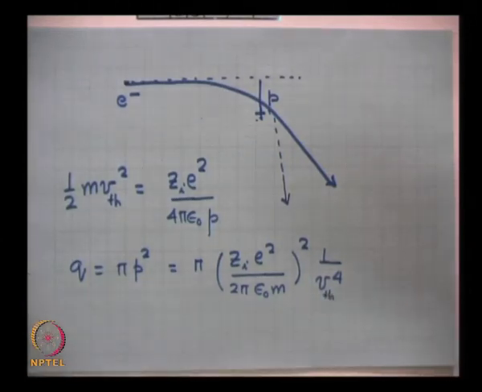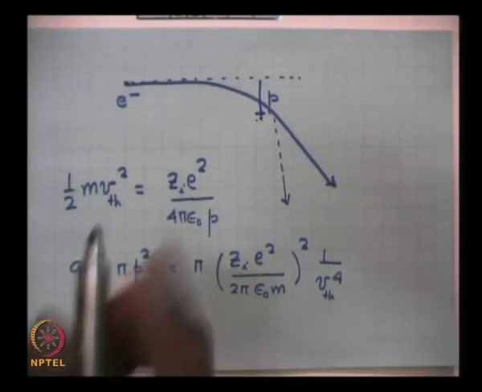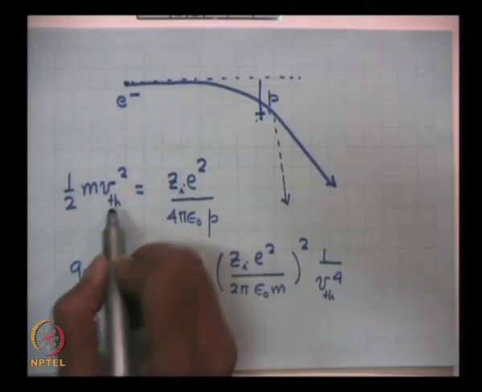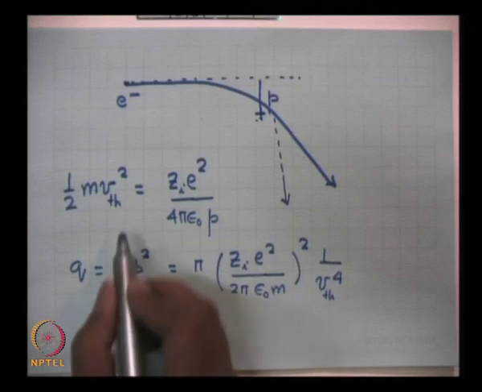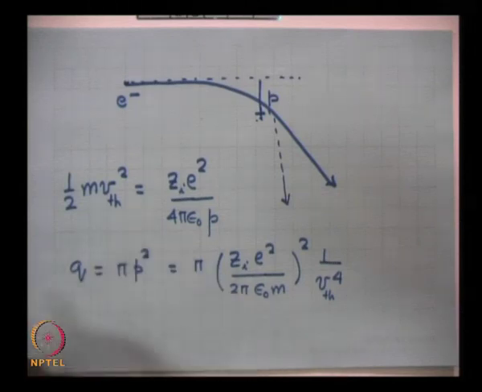I am presuming here that the actual velocity of the electron is like thermal velocity typically. Some electrons may move faster, some may move slowly.